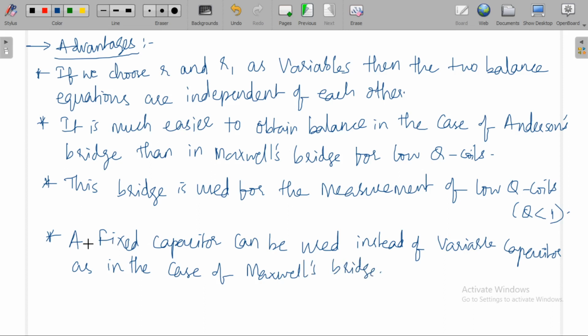What is the advantage of using a fixed capacitor over a variable capacitor? A fixed capacitor has a high degree of accuracy, whereas a variable capacitor has a low degree of accuracy. Using a fixed capacitor is one of the advantages.